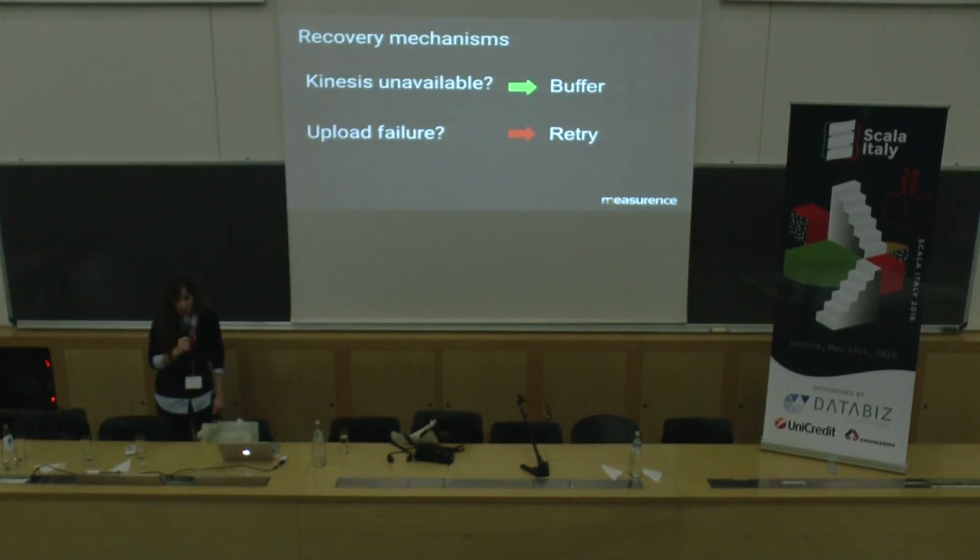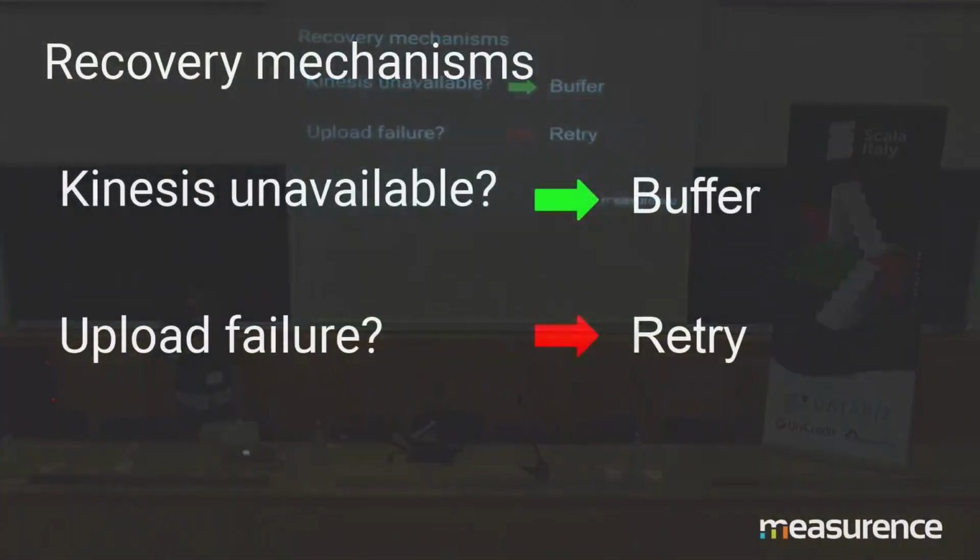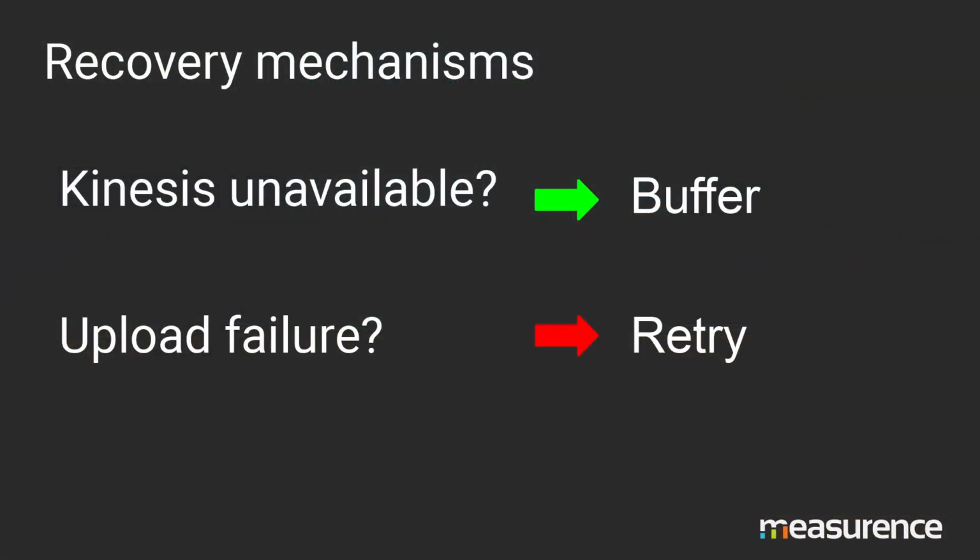At that time, we had to think about possible recovery mechanisms and their implementation. So here the focus is on the stage in which the service has to send some events to Kinesis. So what should we have implemented when Kinesis was unavailable?